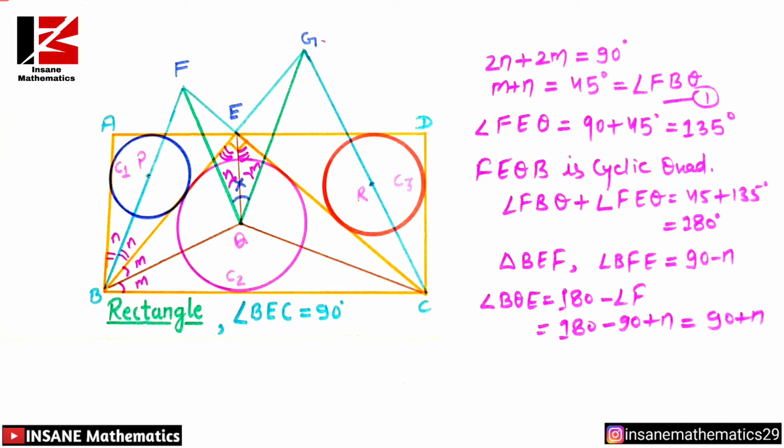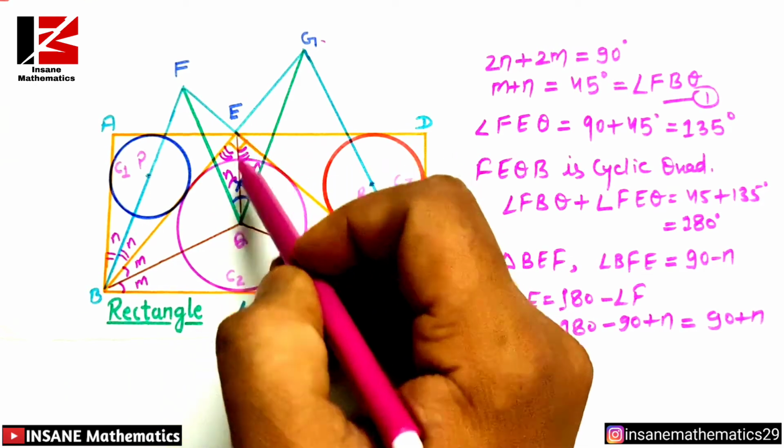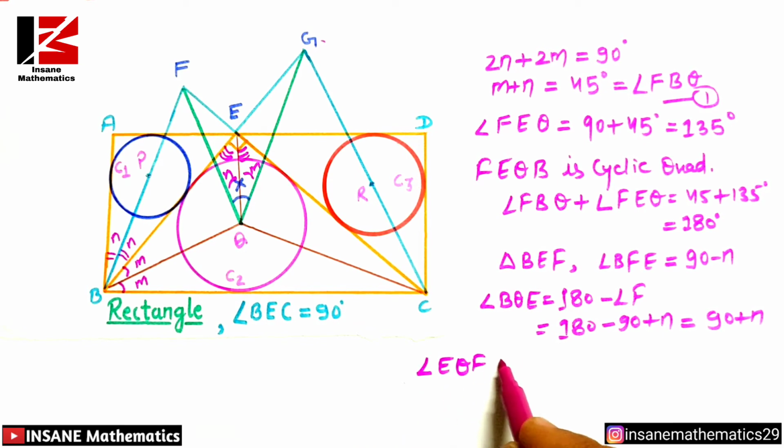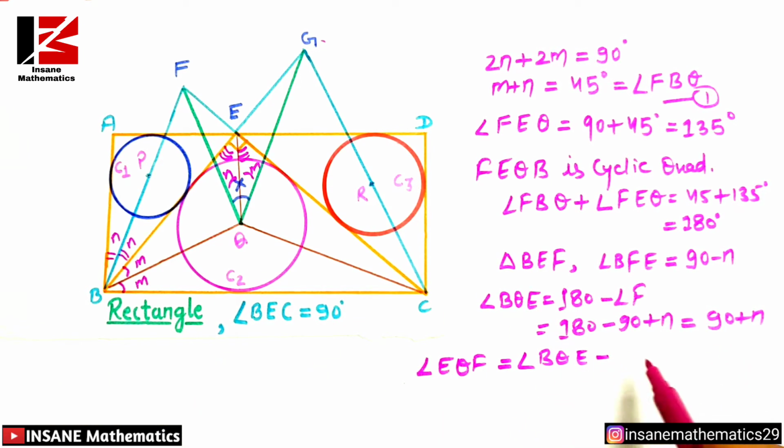Now what we have to calculate is angle EQF. So angle EQF can be written as angle BQE minus angle FQB.